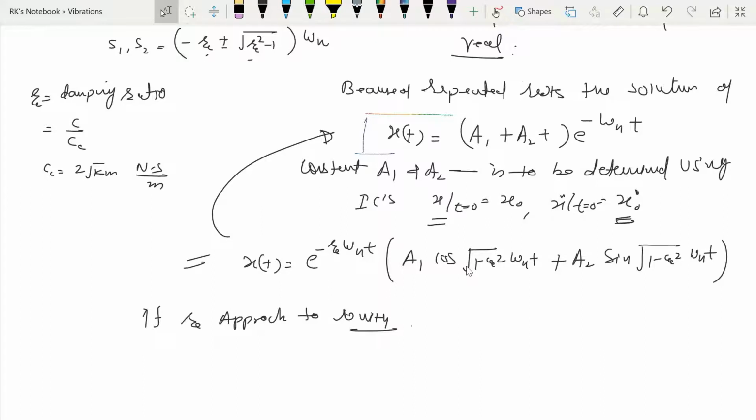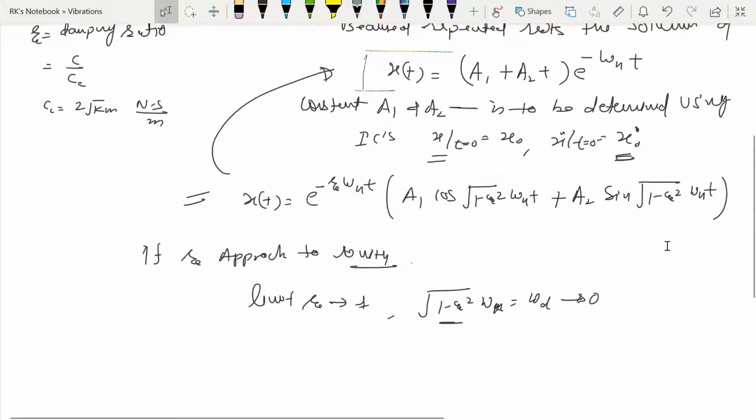So if the limit zeta tends to 1, then square root of 1 minus zeta square multiplied by omega n, which is equal to omega d, will approach 0.